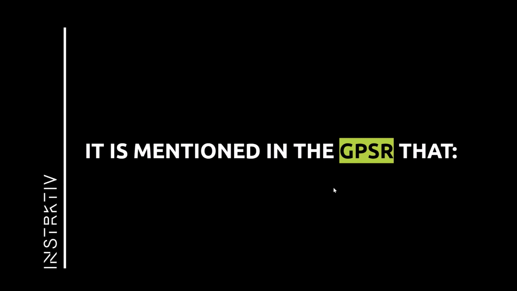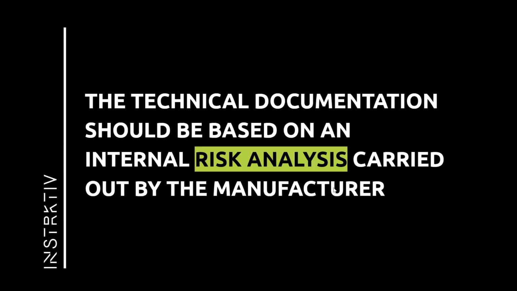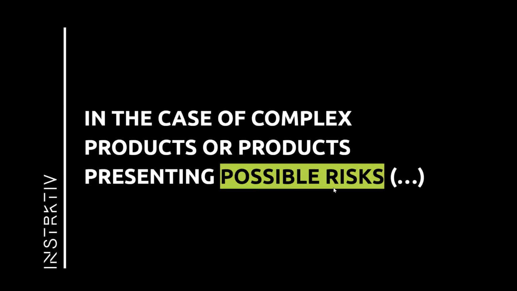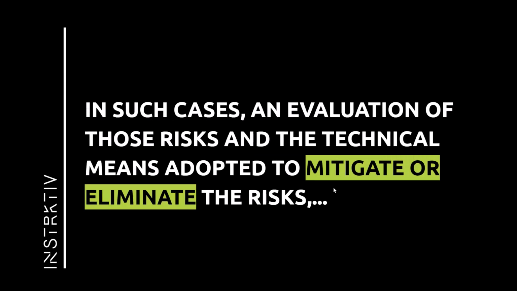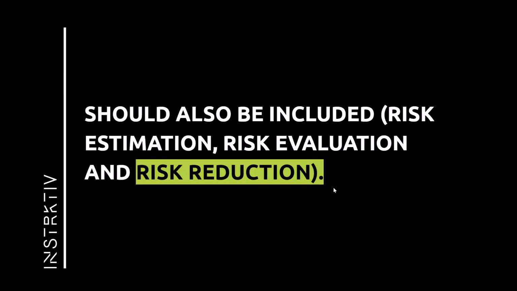What we see in the General Product Safety Regulation is that the technical documentation should be based on an internal risk analysis carried out by the manufacturer. And in the case of more complex products or products presenting possible risks, the evaluation of those risks and the technical means adopted to reduce or eliminate those risks are required.